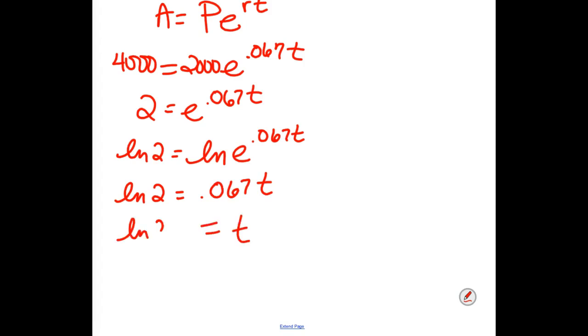So we're going to take the natural log of 2 divided by 0.067. What do we end up with? So a little over 10 years to have our money double.